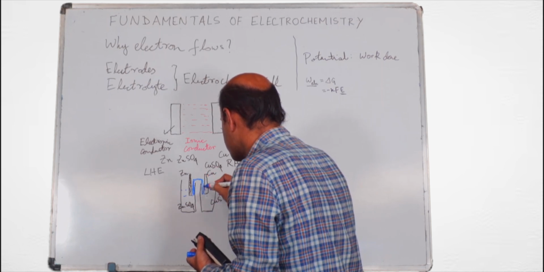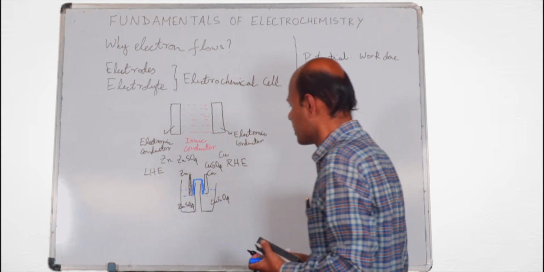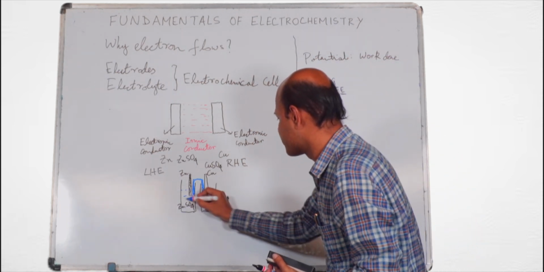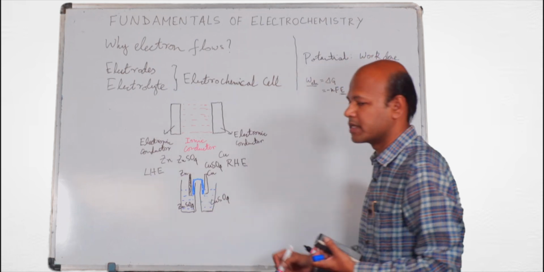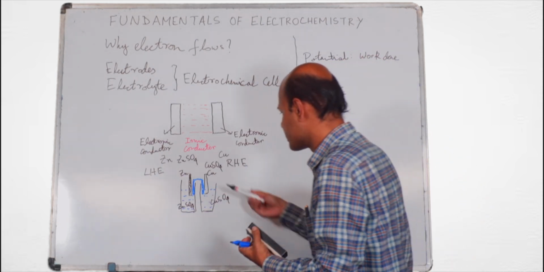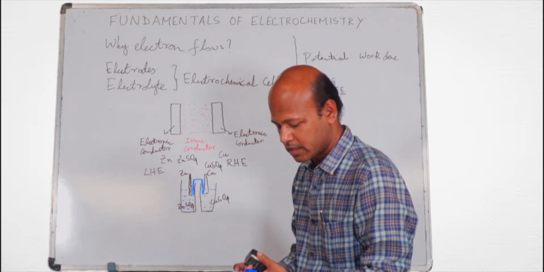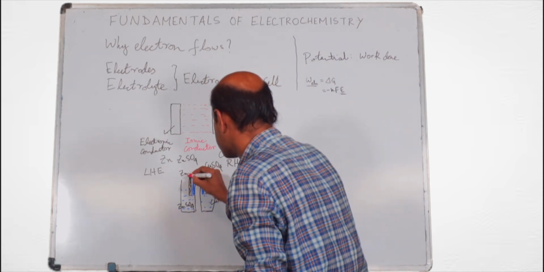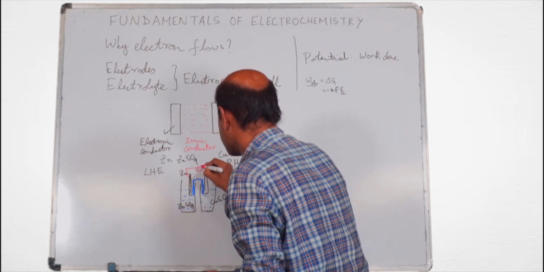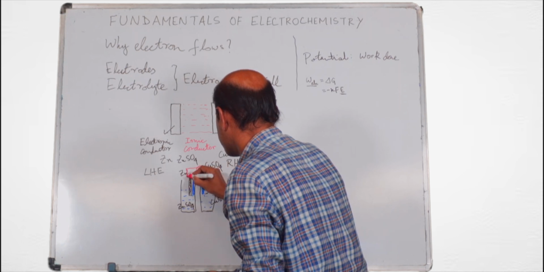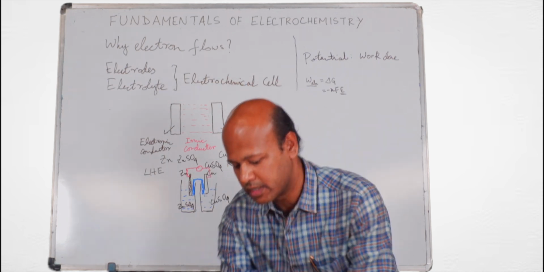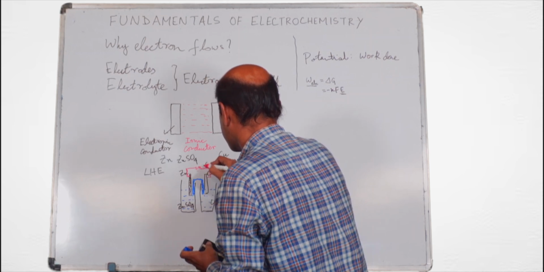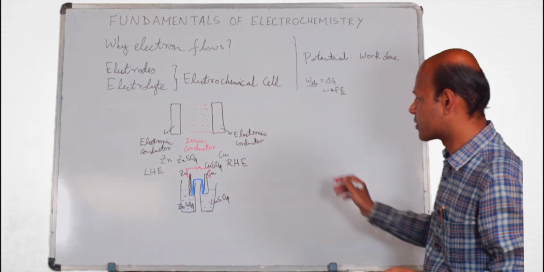Again, I repeat: this is my copper electrode dipped in copper sulfate, and this is the zinc electrode dipped in zinc sulfate. These two electrodes are connected through an external circuit with a resistor, which is withdrawing the load. So this is how the electrochemical cell looks.